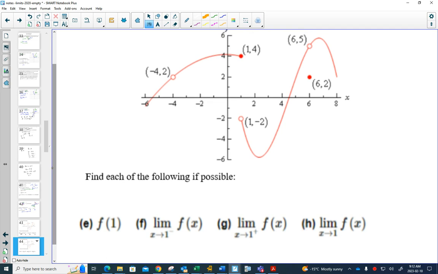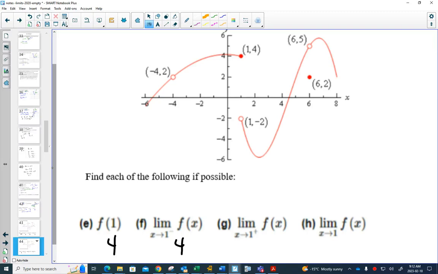For E, can we figure out f of 1? Well, there's a hole here and a filled-in dot there, so we would say that f of 1 is 4. It exists. If we go to 1 from the left side, we'd be on this graph, getting close to 4.